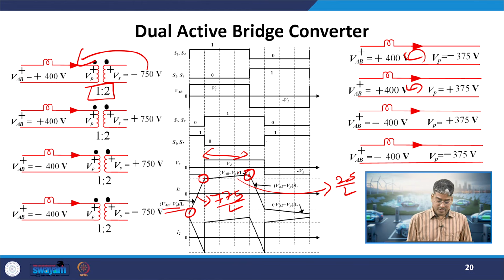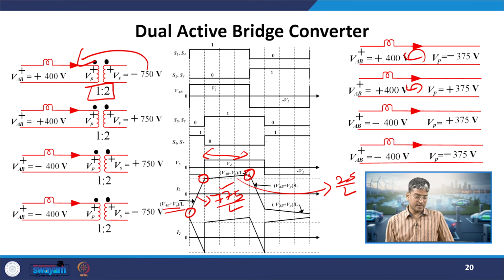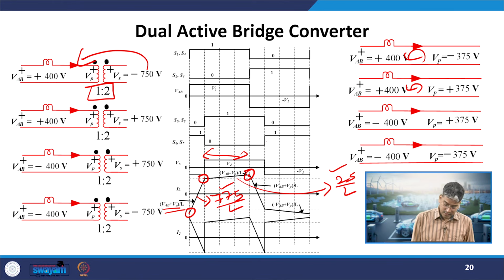But what will be the slopes? If you see, the slopes will be pretty different in the two modes. In mode 1, the slope was very high because both the voltages were adding to the current increment, whereas in this case the difference between the two voltages is adding to the current increment. So, the slope is very less. The current rises gradually in this case because of less driving voltage.